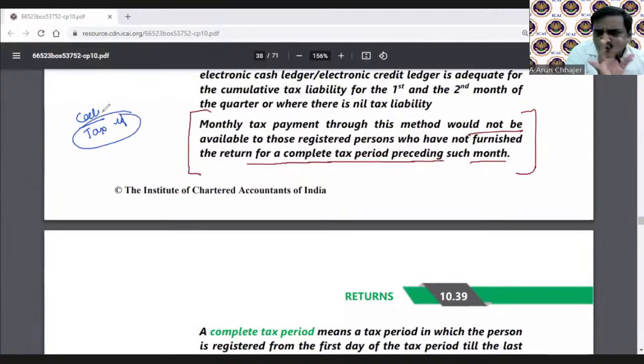Till now you are not required to compare 35%. Output tax liability is how much we have paid in cash multiplied by 35%. This you need to pay for month 1 and month 2. If you say it is more than 35%, then you need to pay the balance amount, the higher amount, right?